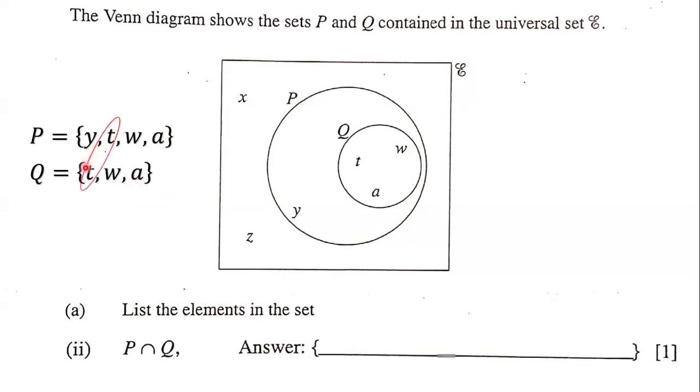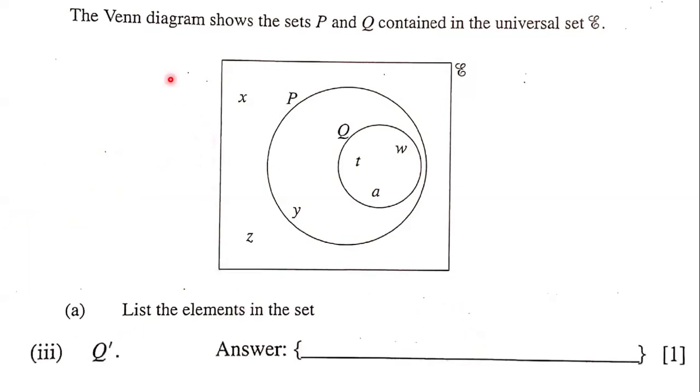T is in both sets, W is in both sets, and A is in both sets. So P intersect Q contains the elements T, W, A. And so that's our answer.